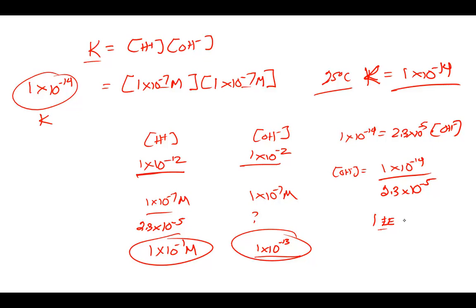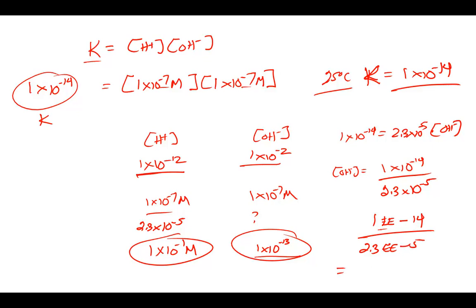So here you put in 1 exponential, then hit the little plus negative key on your calculator, so 1 exponential negative 14. Then you're going to divide that by 2.3, hit the exponential key, negative 5.